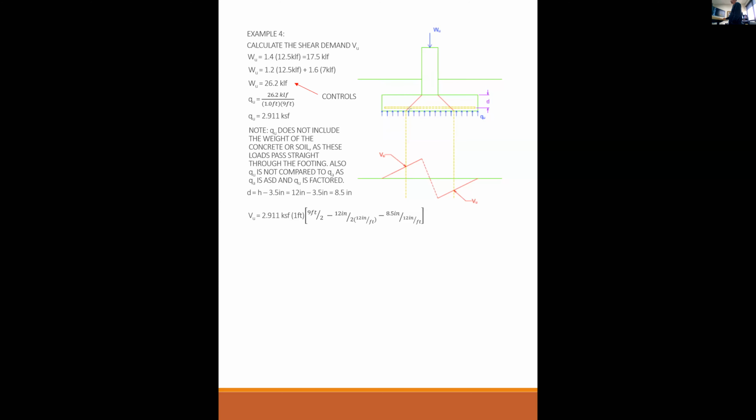This failure plane is at 45 degrees. So if this is 45 degrees, then this depth here is equal to this length here. Yeah, that makes sense. They basically just drew an isosceles triangle or equal leg triangle. And they said, all right, well, this is the depth and this is the width, and we can calculate that because we know what that is, and it makes it doable. It makes it simple. So yes, you're right.